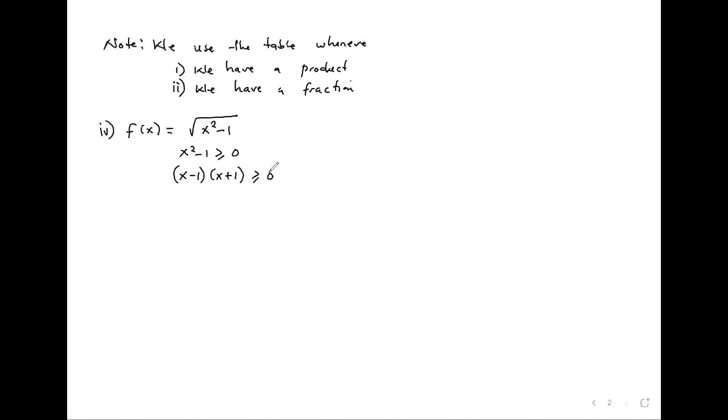Because we have a product, we'll use the table or number line. So now we use the number line. So we obtain the critical values.